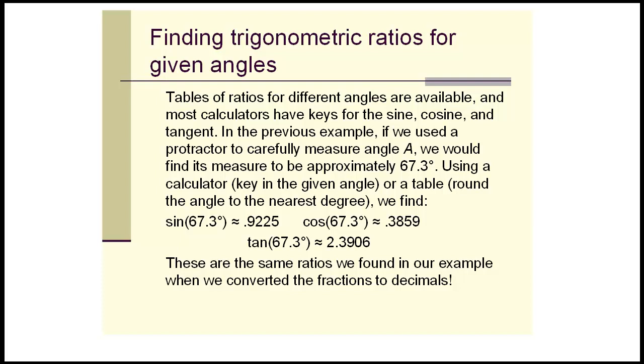Using a calculator, key in the given angle, or use a table rounded to the nearest degree. We find that sine of 67.3 is 0.9225, cosine of 67.3 is 0.3859, and tangent of the angle is 2.3906. These are the same ratios we found in our example when we converted the fraction to a decimal.